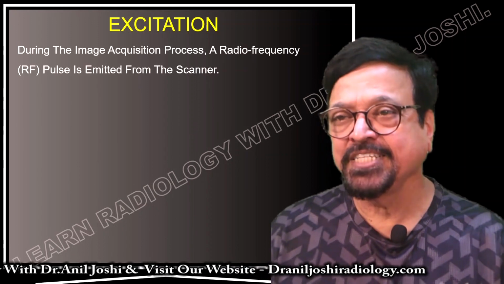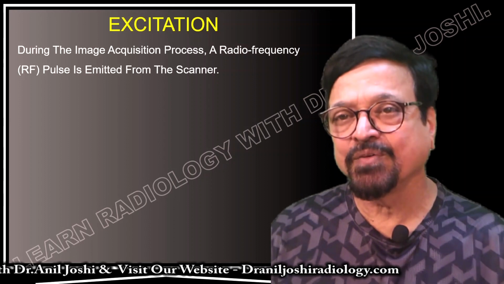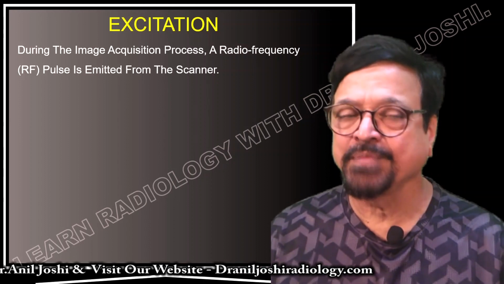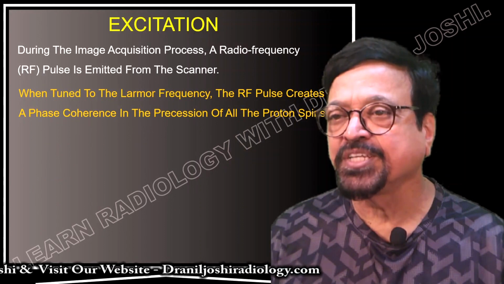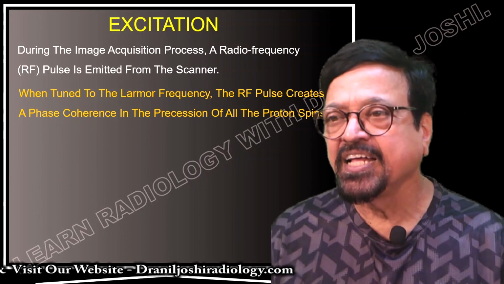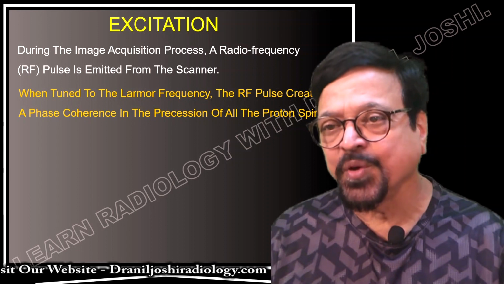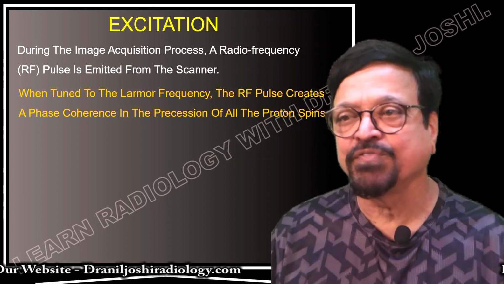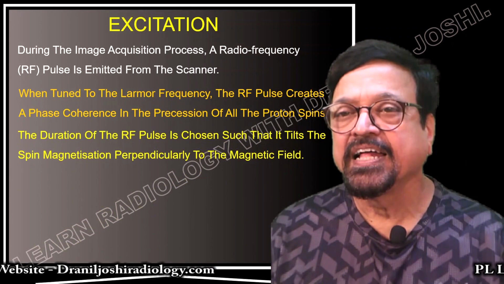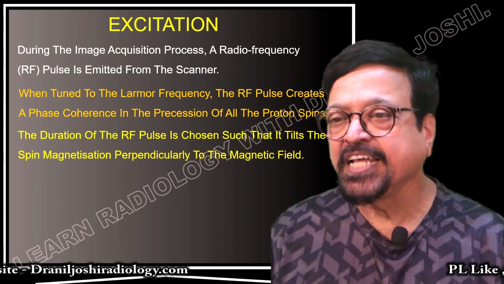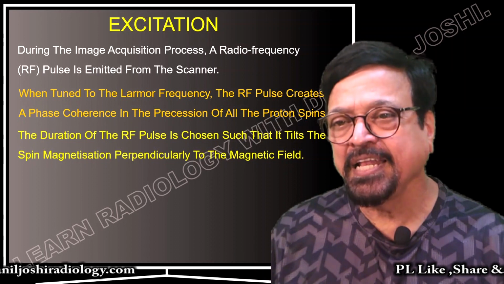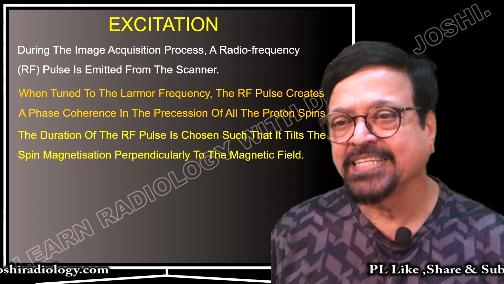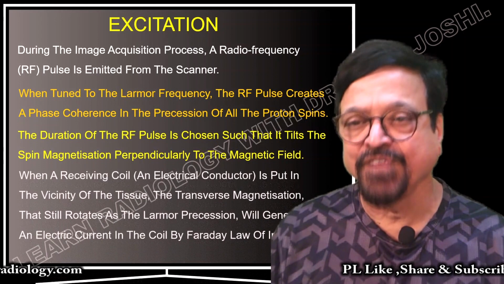During the image acquisition process, a radio frequency pulse is emitted from the scanner. When tuned to the Larmor frequency, the RF pulse creates a phase coherence in the precession of the proton spins. The duration of the RF pulse is chosen such that it tilts the spin magnetization perpendicular to the magnetic field.